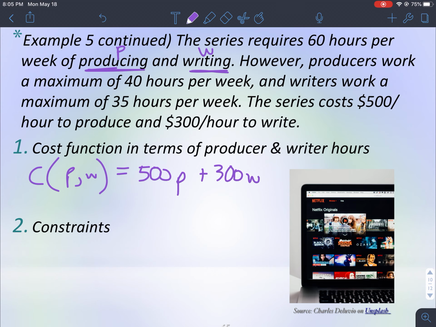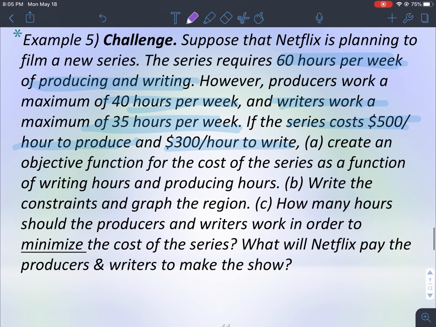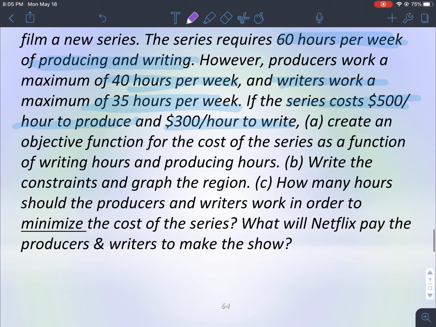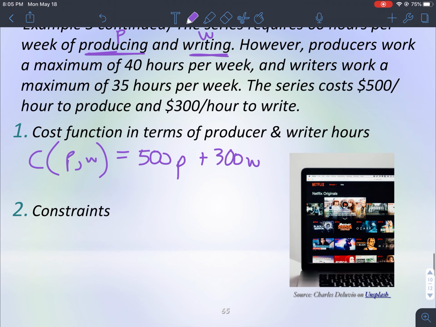Notice that the common denominators here in all of the constraints are time and dollars. So you can imagine that we are going to have a cost function in terms of dollars. The constraints are going to deal with hours.